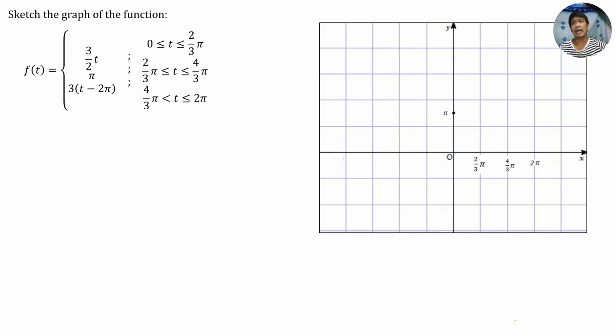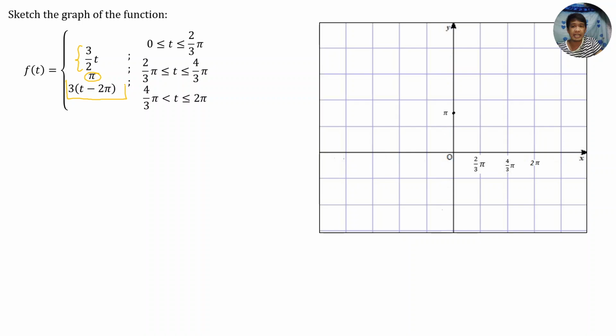So, for the last example, let us try to sketch the graph of this function. So, meron tayong 3 pieces. First piece is 3 halves t. Second piece is pi. And the last piece is 3t minus 2 pi for a given interval.